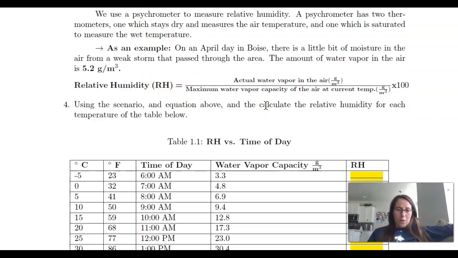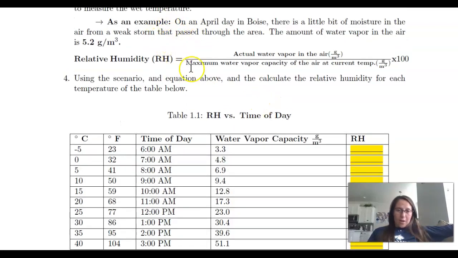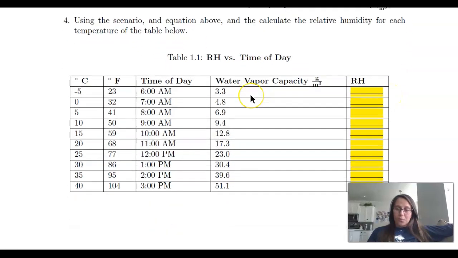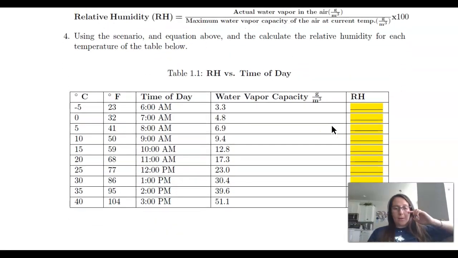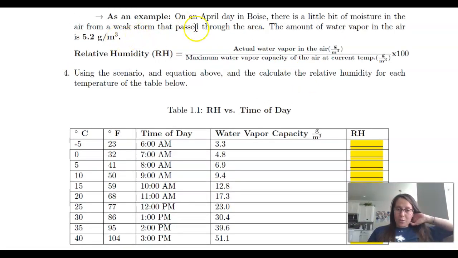Okay, so using this scenario, the example that we just said, and the equation above, calculate the relative humidity for each temperature of the table below. So again, the actual water vapor for that example is 5.2.